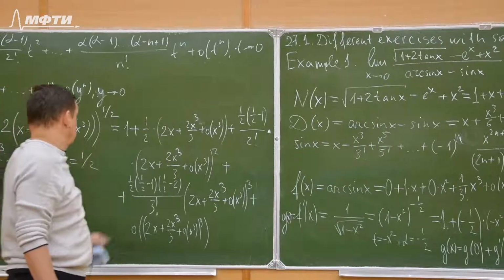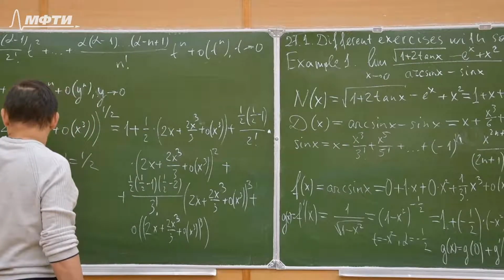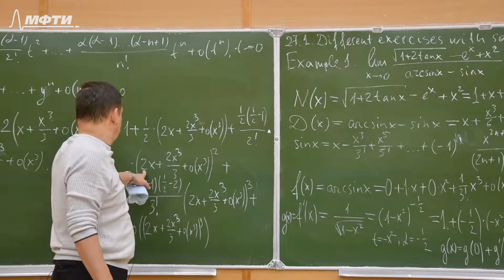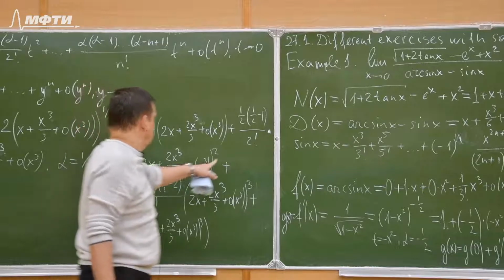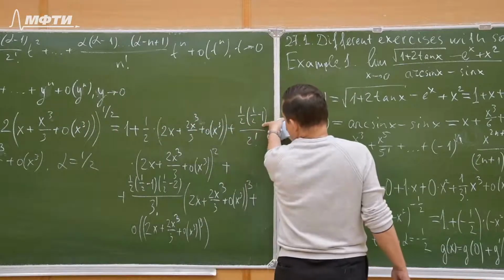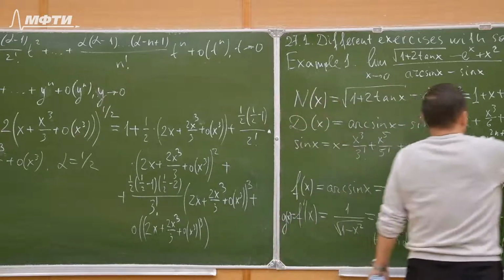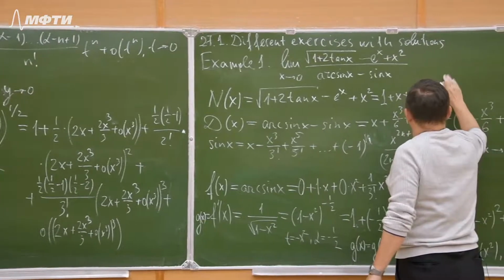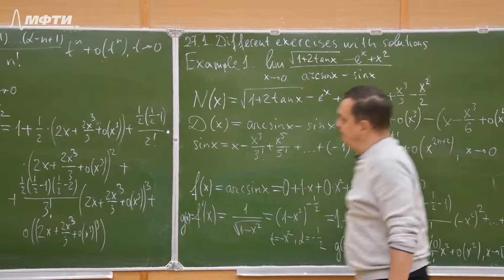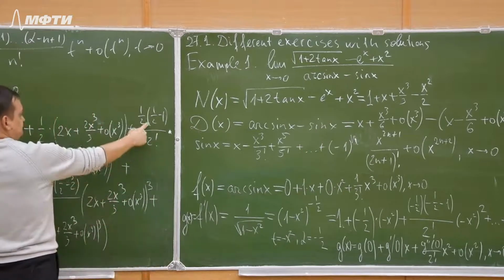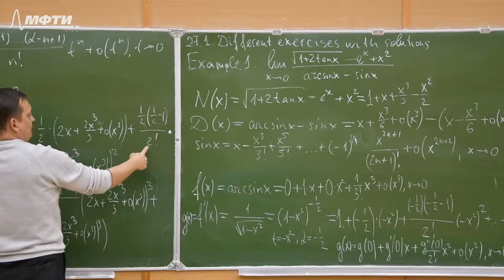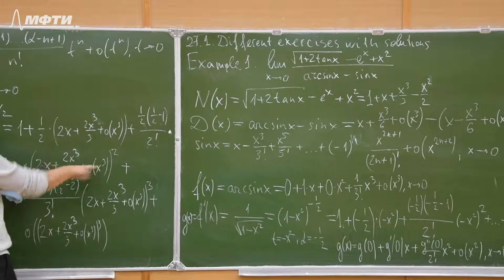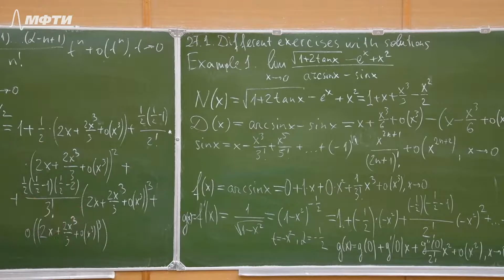Yeah, just we have 4x squared. Here we have minus 1 over 8, so minus 1 over 8 times 4x squared. All other terms will be in little o of x cube.